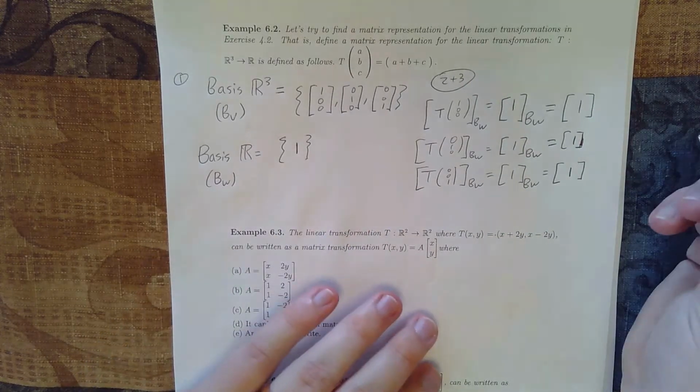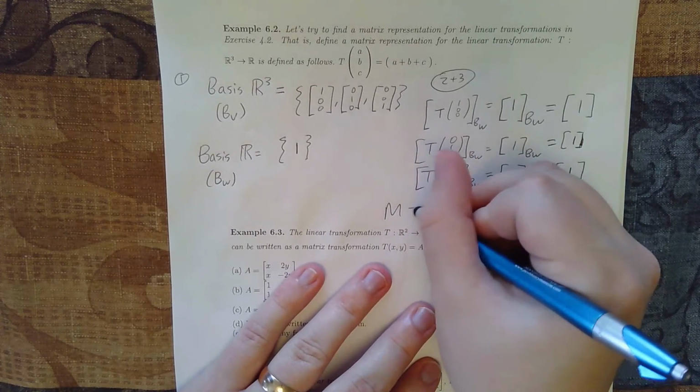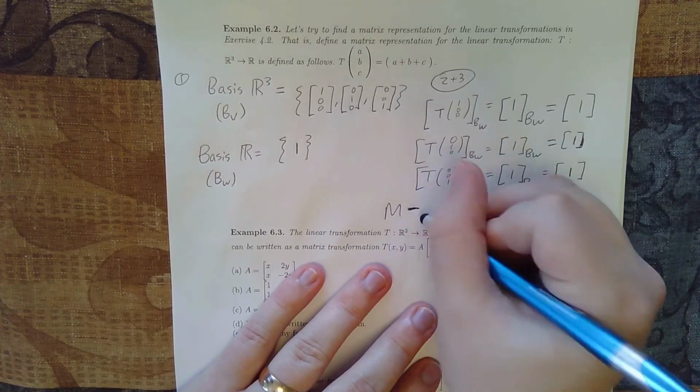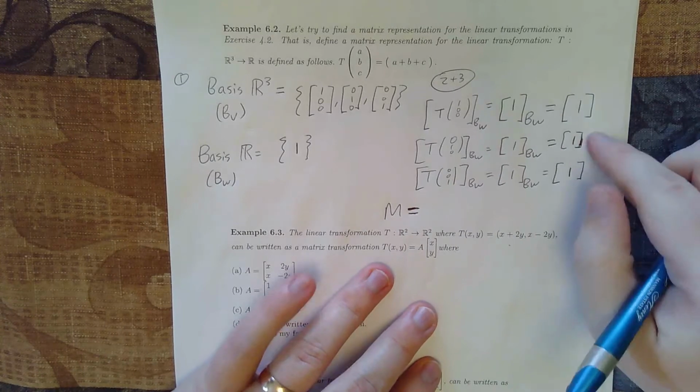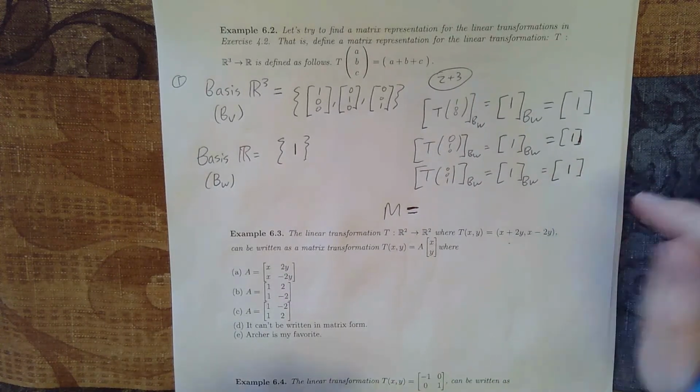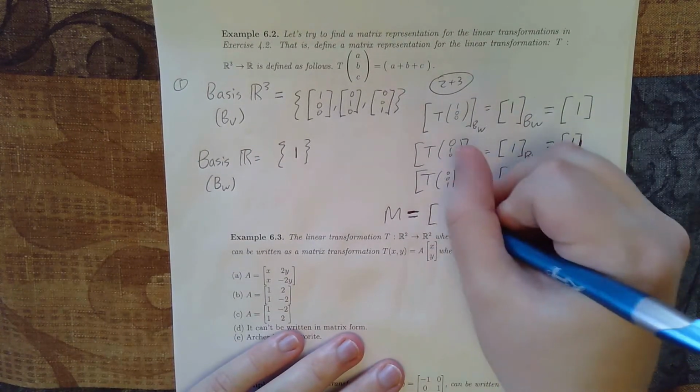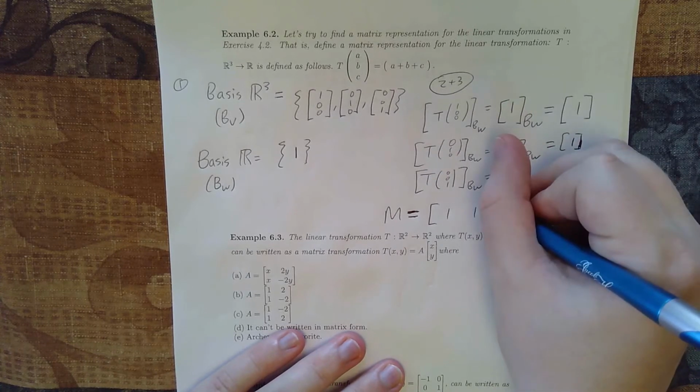And so our matrix is going to be found by taking each of these vectors that we found, and writing them as columns of our matrix. So our matrix should be 1, 1, 1.